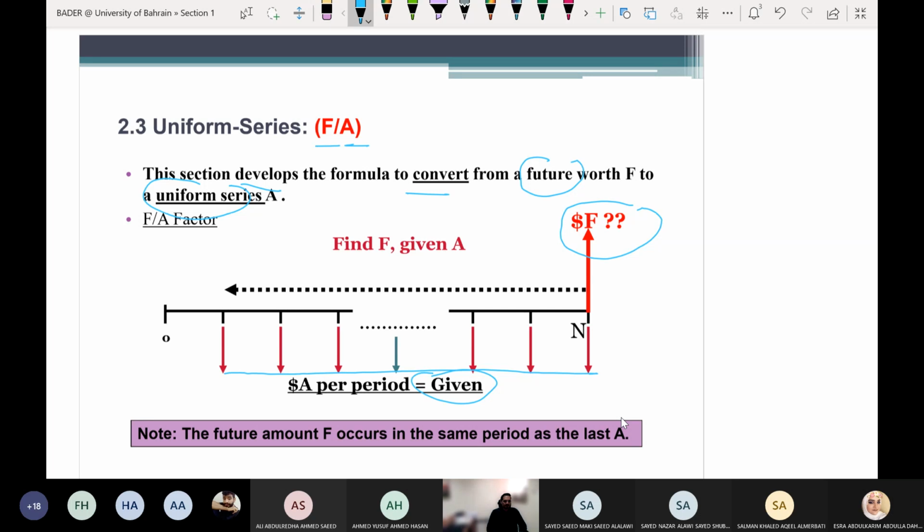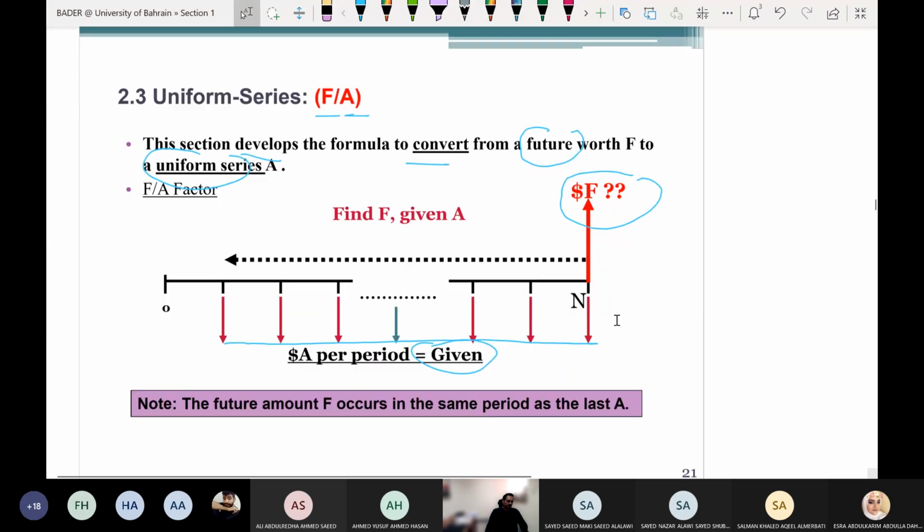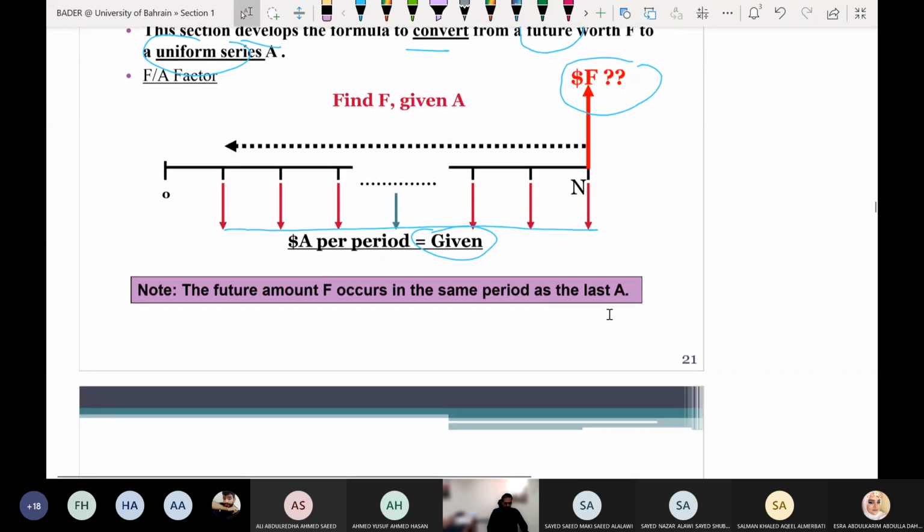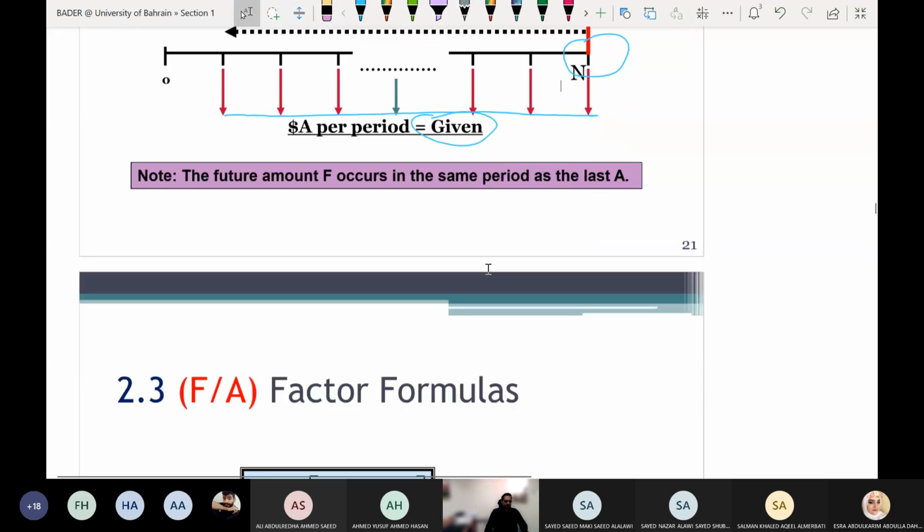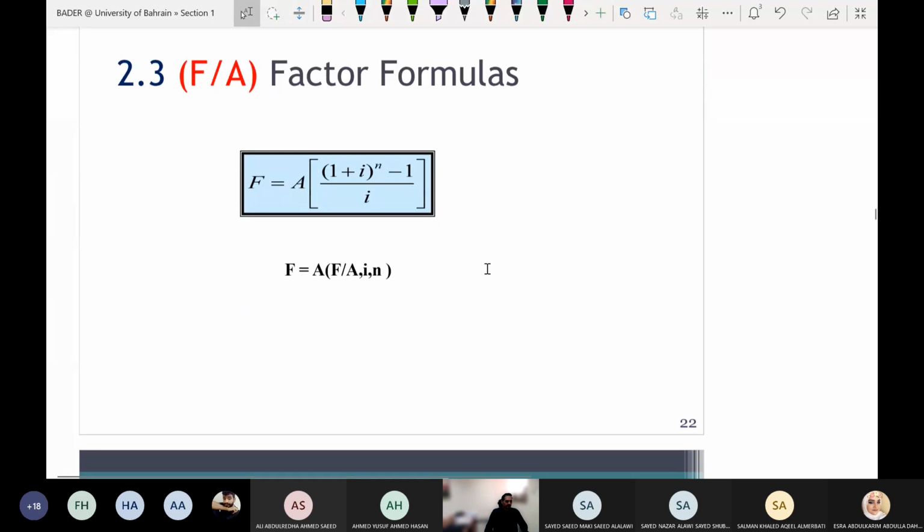Okay, guys? And don't forget, very important, what we're doing here. How do we present it?